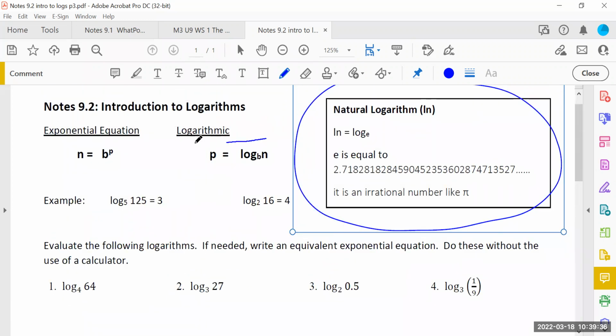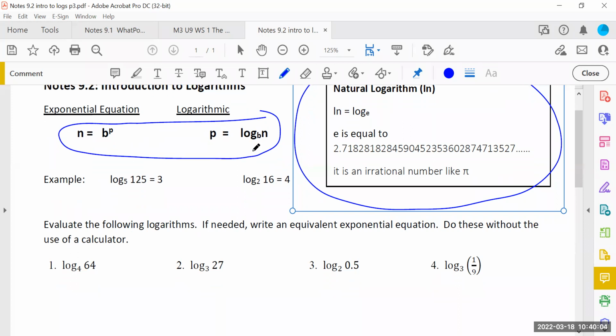So here is really what a logarithmic function is describing. If I have an exponential equation, n is the base to a power, b to the p, I can rewrite that with logs and say the power equals log base b of n. And again, that's why we call it the what power function. What power of the base gives me the answer?